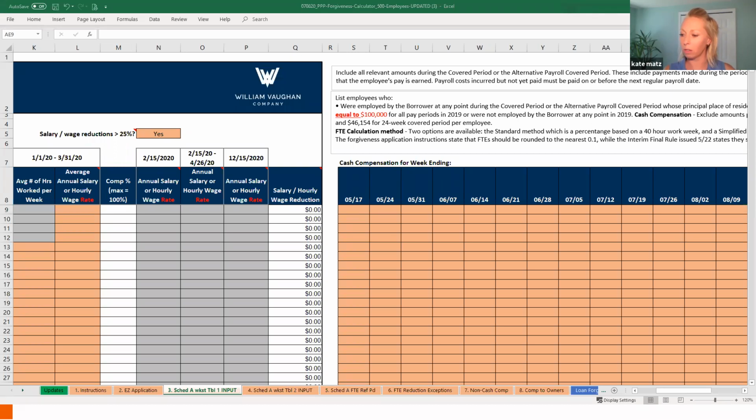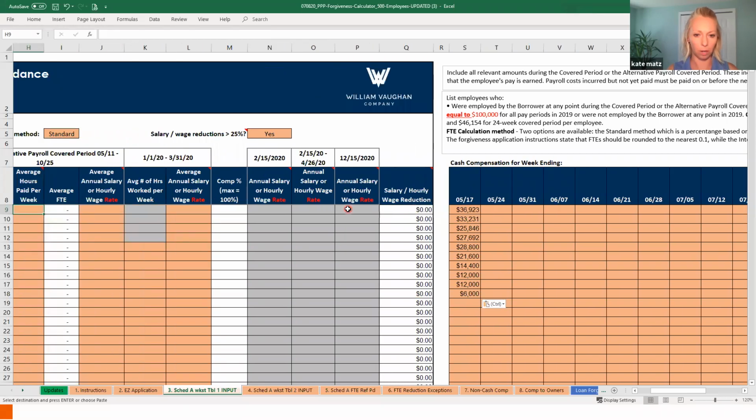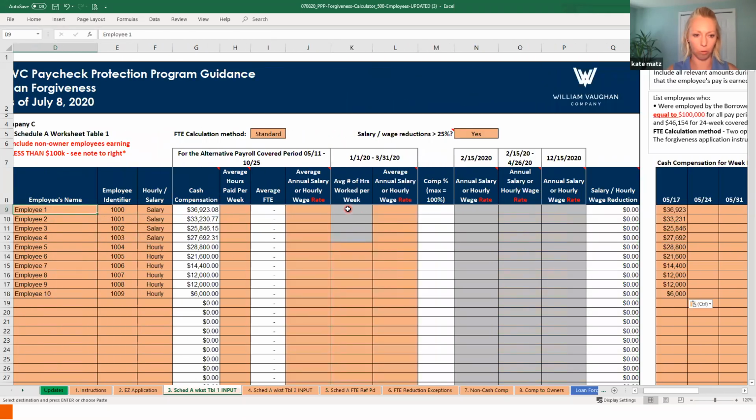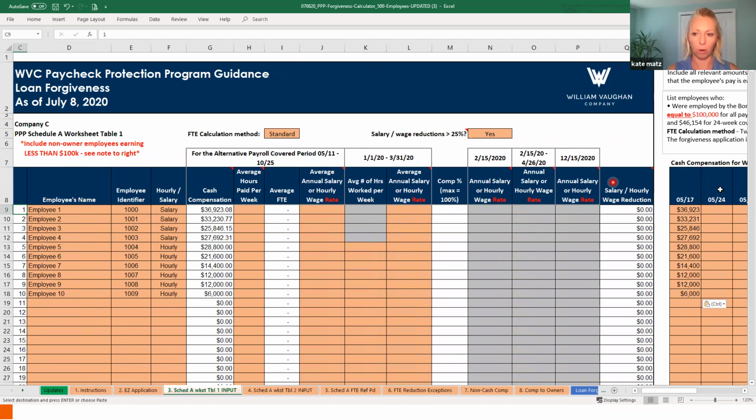For purposes of what we're doing today, I'm just going to put in the total amount for the whole period in this first column. But again, you might find it helpful to use as a tracker. Now we can see that those amounts have all come over into this cash compensation column.